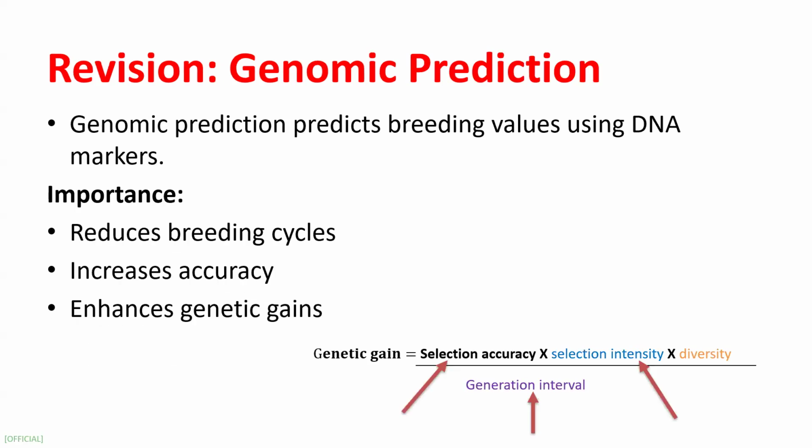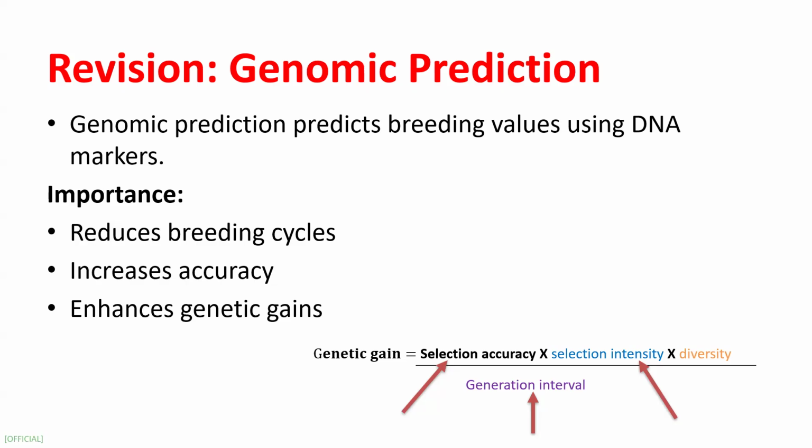So, a recap: we know that genome prediction is a statistical approach, while genomic selection is when you implement prediction into practical aspects, right? So it is just using your DNA markers to predict the breeding value or genetic merit of an individual or genotype, right?